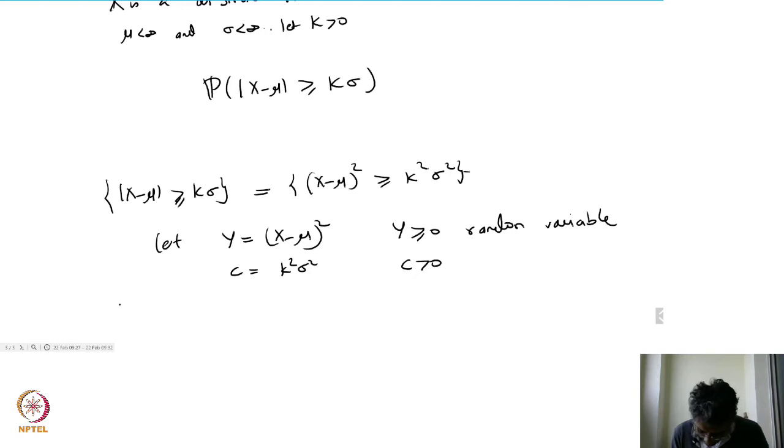Then, I don't know if you remember this, I said last week, I had this thing called Markov Inequality, right? I showed it to you. So Y is non-negative and Y is also discrete, because X minus mu is discrete.